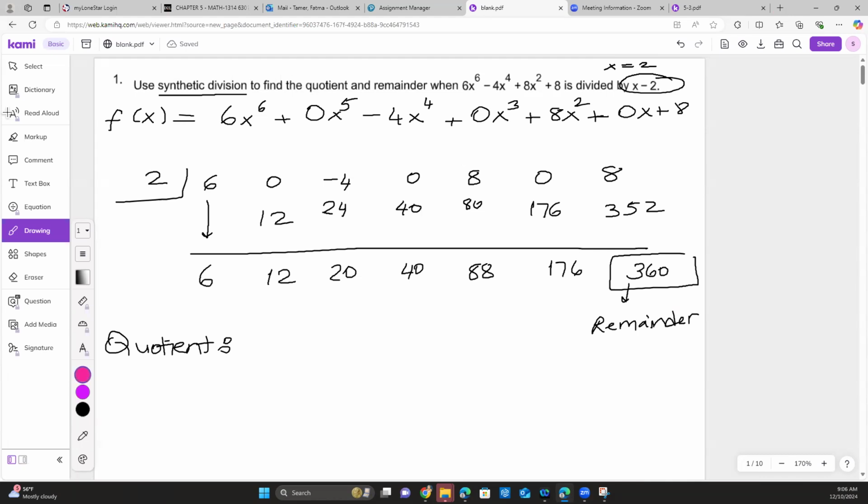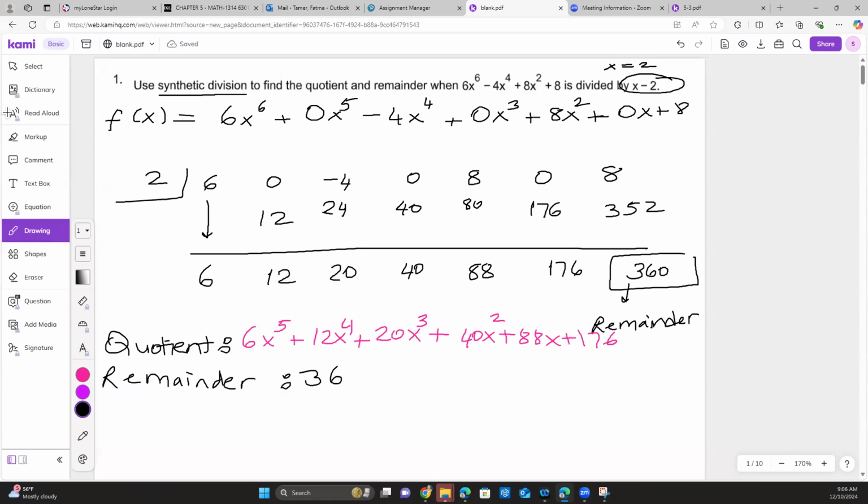So because the question is x to the sixth power, I am going to have 6x to the fifth plus 12x to the fourth plus 20x cubed plus 40x squared plus 88x plus 176. This whole thing goes under the quotient. And then for the remainder, we have just one number, which is 360. And this is how we're going to handle question 1 on the homework.